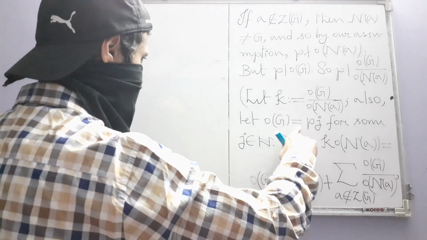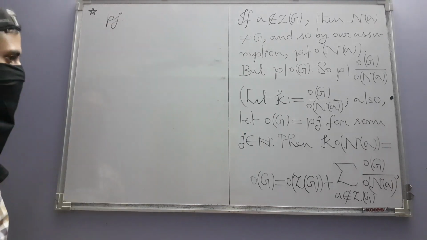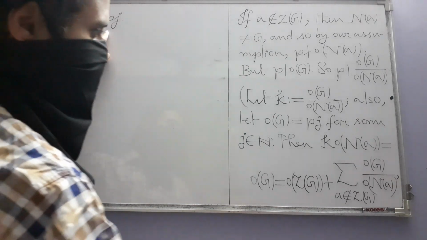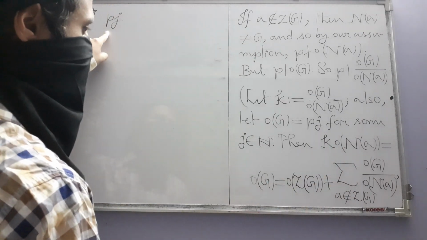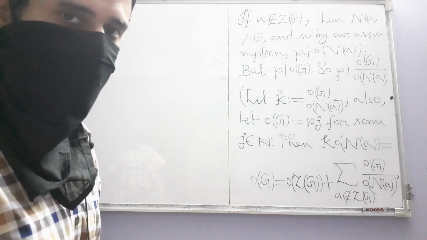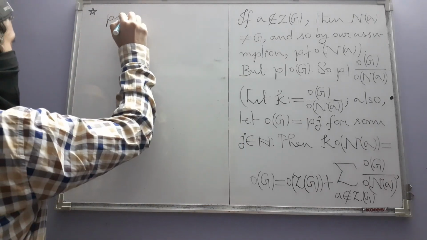So this will be equal to P^j. So P^j is equal to K times order of N_a.